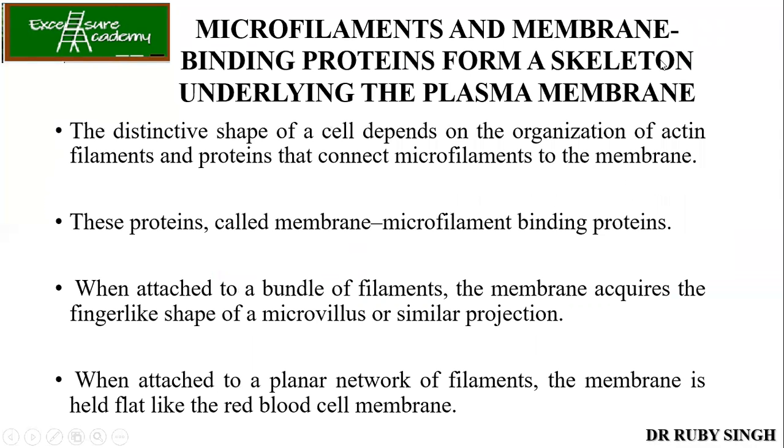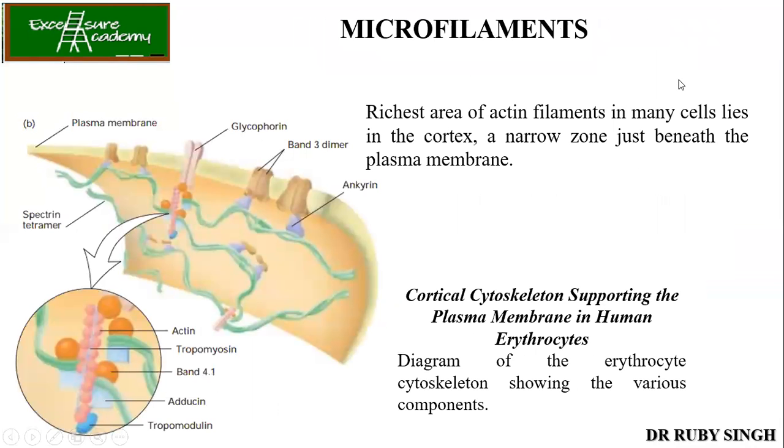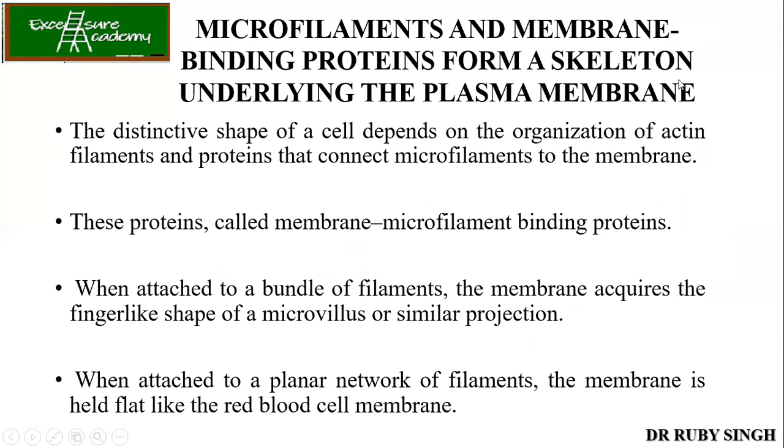Yes. Now coming to each of the filaments. Microfilaments: the distinctive shape of the cell depends on the organization of actin filaments and the proteins that connect microfilaments to the membrane. This is what we discussed in the electron micrograph. You have the actin filaments bound to spectrin, right? Along with spectrin, there are other small proteins like adducin and band 4.1.